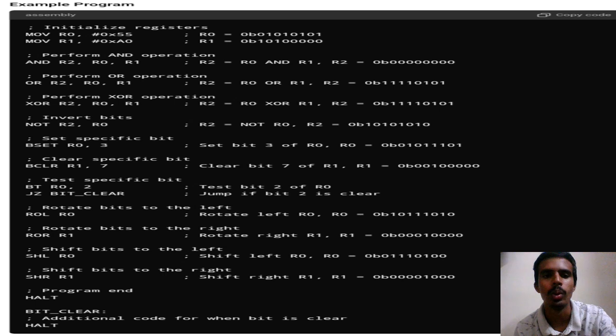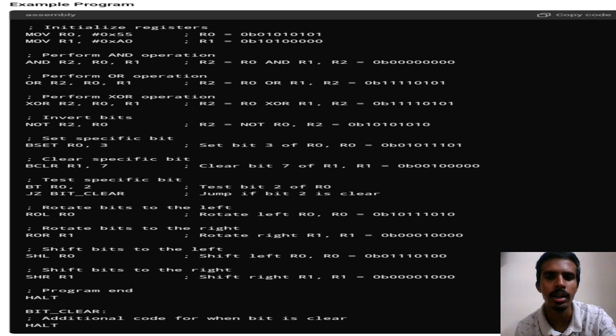And next comes invert bits, which is the NOT operation or the complement operation. We can see that R0 data is inverted and stored into R2. Whatever the value of R0 is, it is inverted and stored into R2. Then comes set data, where the setting of a bit takes place in R0. The bit given is 3 and R0 is being set.